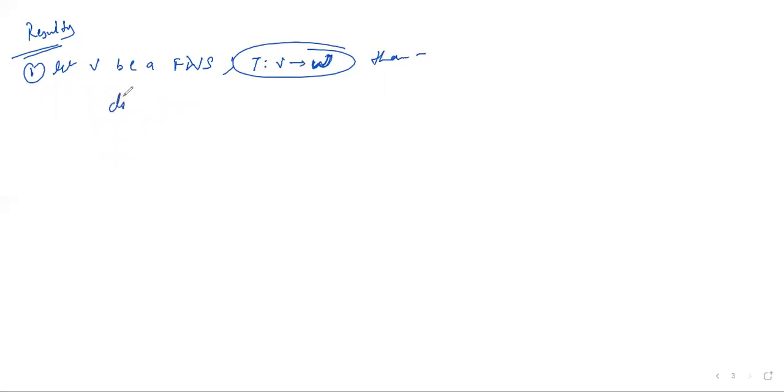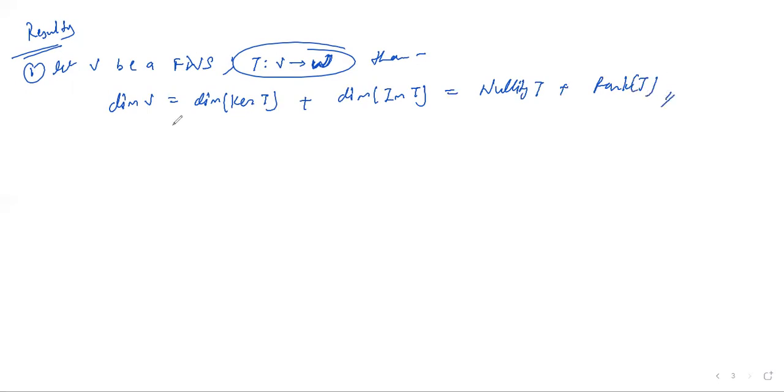Then dimension of V is equal to dimension of ker T plus dimension of image of T, or you can also say that it equals nullity of T plus rank of T. So what is dimension of V? It is the number of basis vectors in V which are generating the whole vector space V. The dimension of V is the sum of dimension of ker T and dimension of image of T.